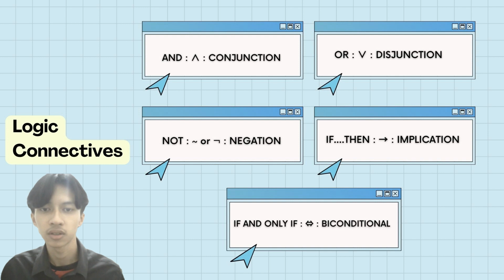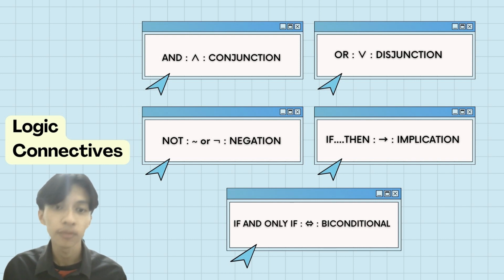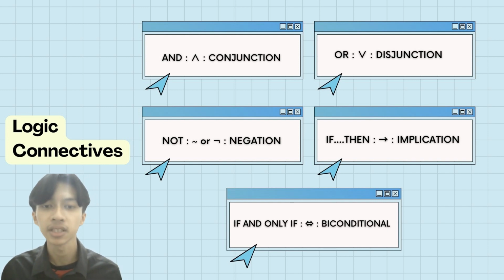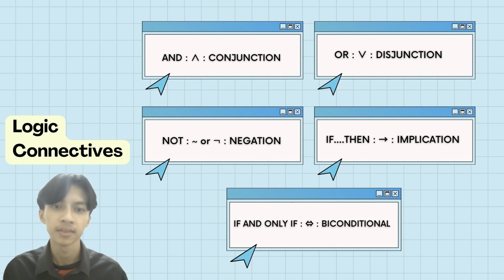There are 2 symbols that we might see in any question. And then the fourth one is implication. Usually the statement goes like: if this, then this. That is how you usually will see the statement go.